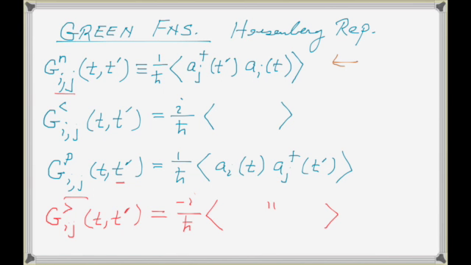And the other Green function that we during the course never really used was this one, which is just the same as G superscript n with an i out front. So it's just a factor of i that is the only difference, the G less than.